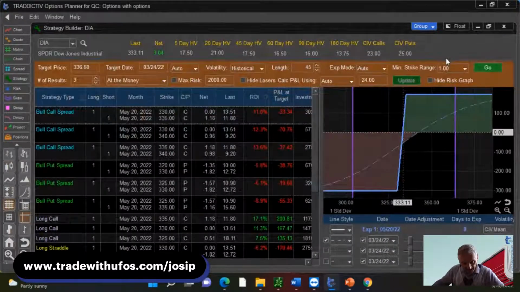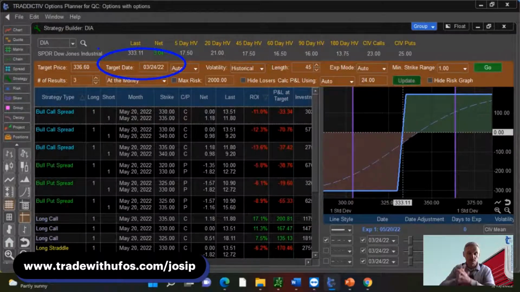I know there's a lot of information being thrown at us when we pull this up, but there's one piece of information that is more important than anything else, and it's this: the target date we're looking at is March 24th. So I can now start building my trade by picking March 24th.